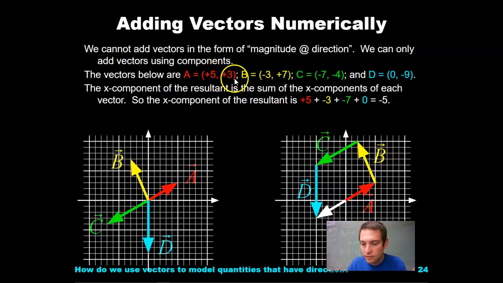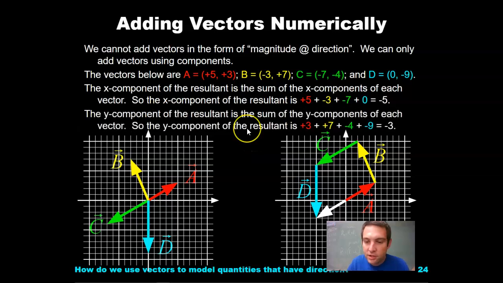X, Y. Alphabetical, right? In case you forget. So your x, x, x, x. The y component of the resultant is the sum of the y components of each vector. So the y component of the resultant is the y, the y, the y, and the y, all added together to get negative 3.